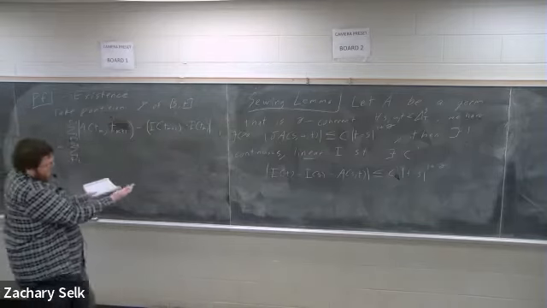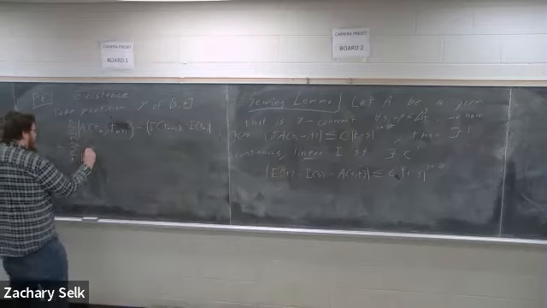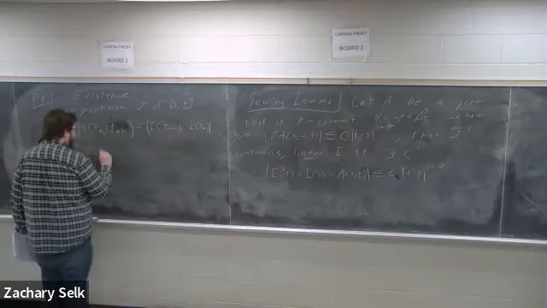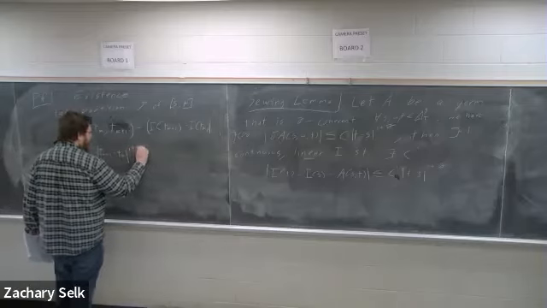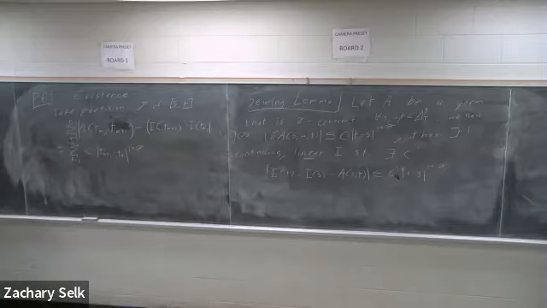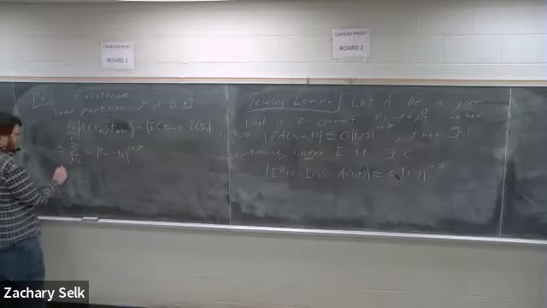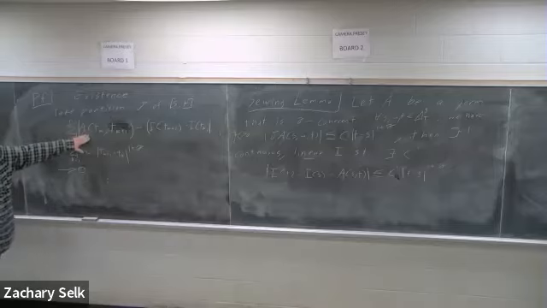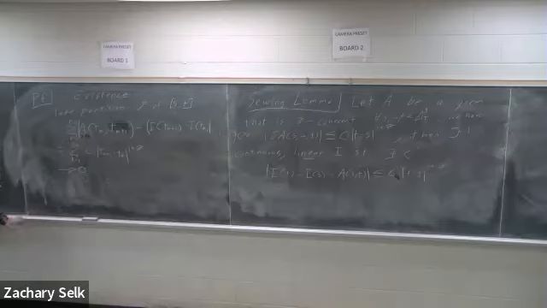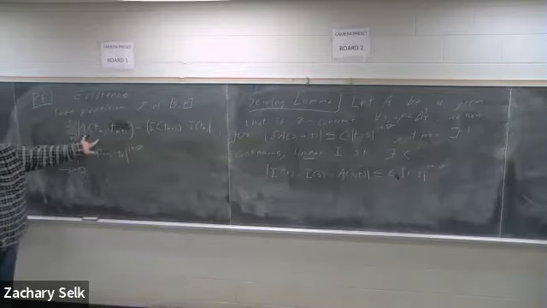I'm just saying, if such an I exists, we have this bound: some C times (t_{k+1} minus t_k) to the 1 plus gamma. And then this goes to 0 as the mesh size of P goes to 0. So the point is, if I were to exist, it would have to be a Riemann type sum like this. So if an I exists, it is going to be this limit.